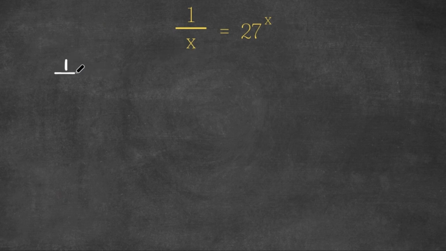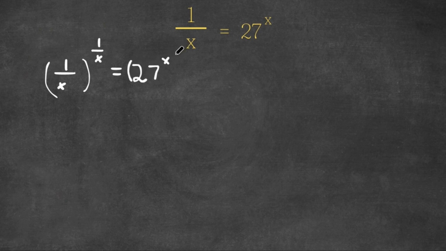So now we have (1 over x) to the power of 1 over x is equal to (27 to the power of x) to the power of 1 over x.